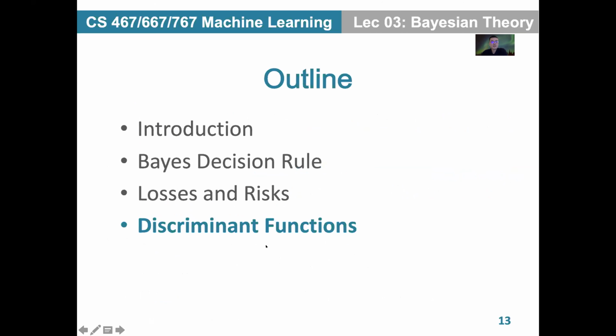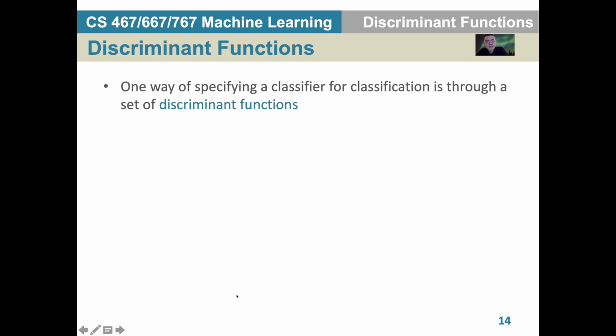Okay. Finally, the concept of discriminant function, right? So we have seen that concept similarly, right? So the probability, how likely you belong to class 1, class 2, class 3. Okay. We will take the most likely class. So one way to specify the classifier is through a discriminant function. Okay. So far we talked about Bayesian decision theory.